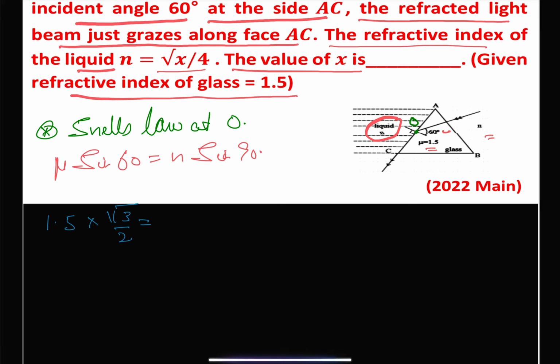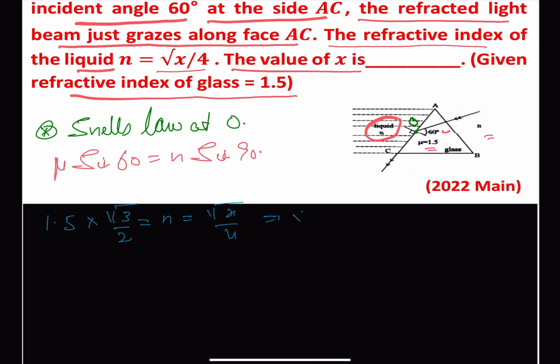Sine 90 is 1, so this becomes n. And n is given to us as square root of x divided by 4. So this will be square root of x divided by 4. And we can just solve it now. We get this as our n, not n, we are required to find out x.